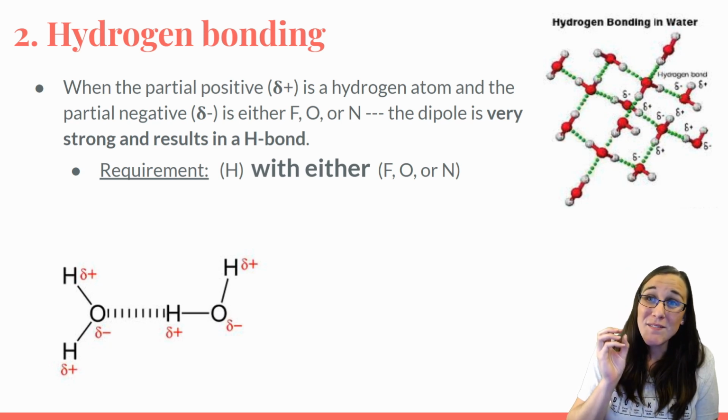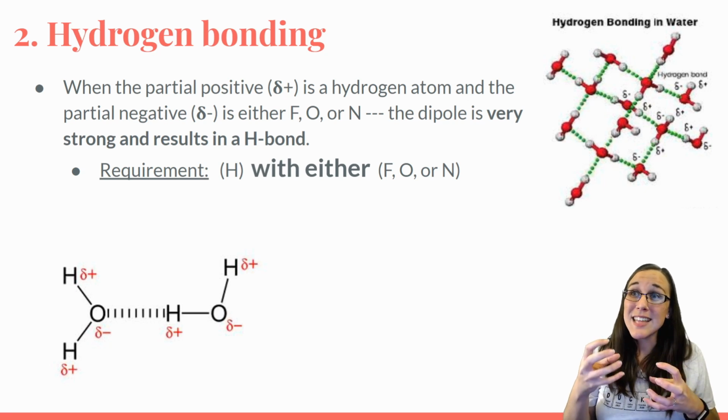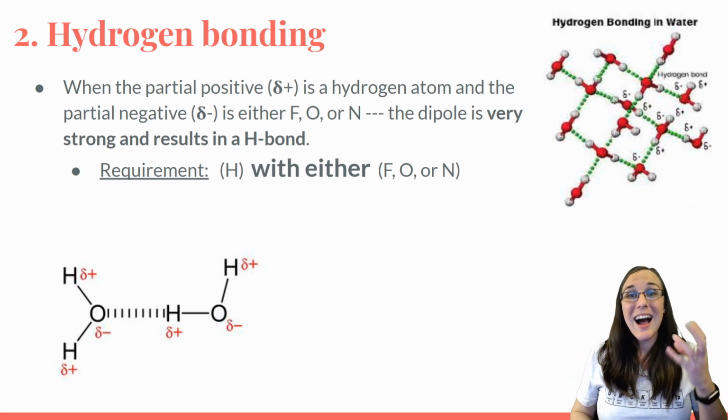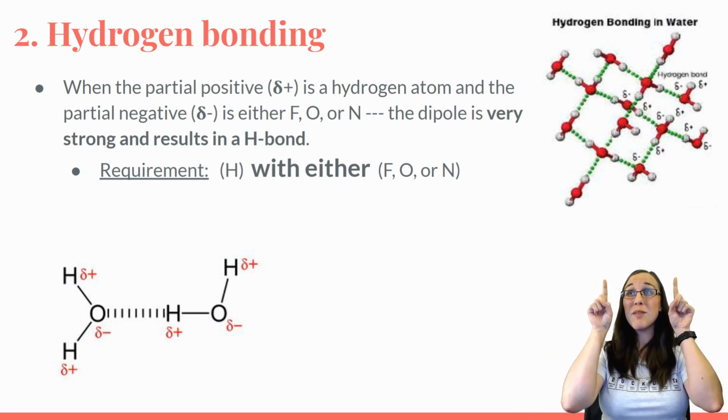And because of that very strong dipole, what we see is that when we get a bunch of that same chemical together, we get hydrogen bonding, and they create a network, like the picture above my head.